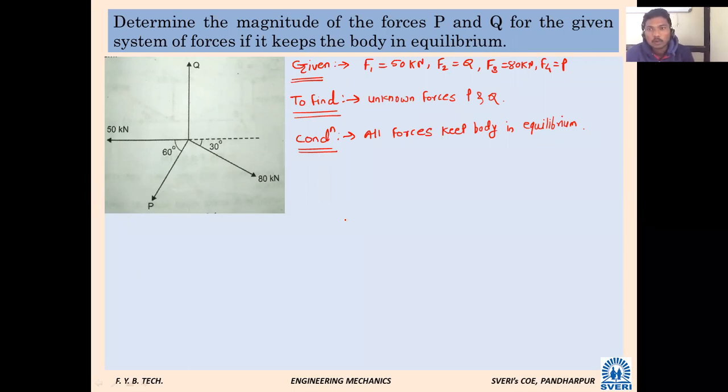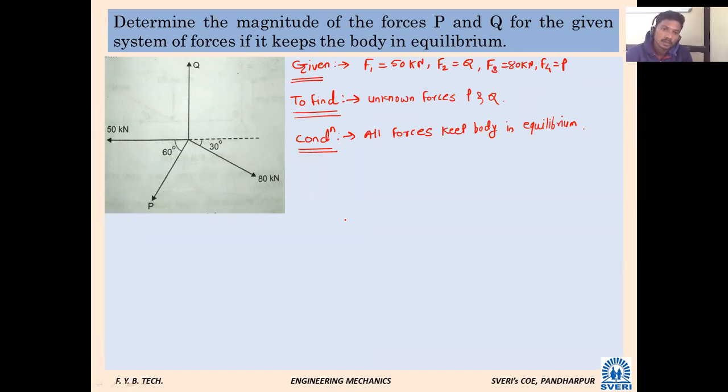Okay. Now while applying, see the forces carefully. 50 kilonewton force is going towards left hand side horizontally. Q force, which is unknown, is going vertically upward. 80 kilonewton force is inclined at 30 degree with horizontal going towards right. Not exactly right, but inclined at 30 degree. And force P is inclined at 60 degree with horizontal and going towards left, we can say, or it is in third quadrant.